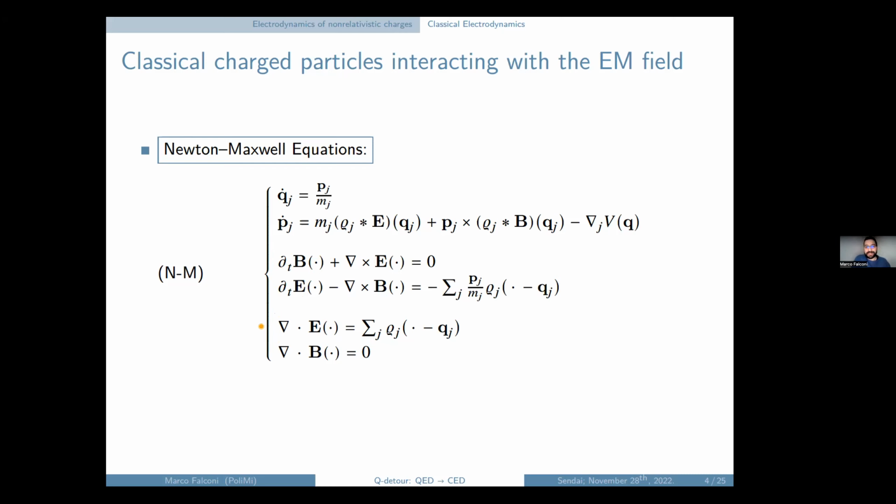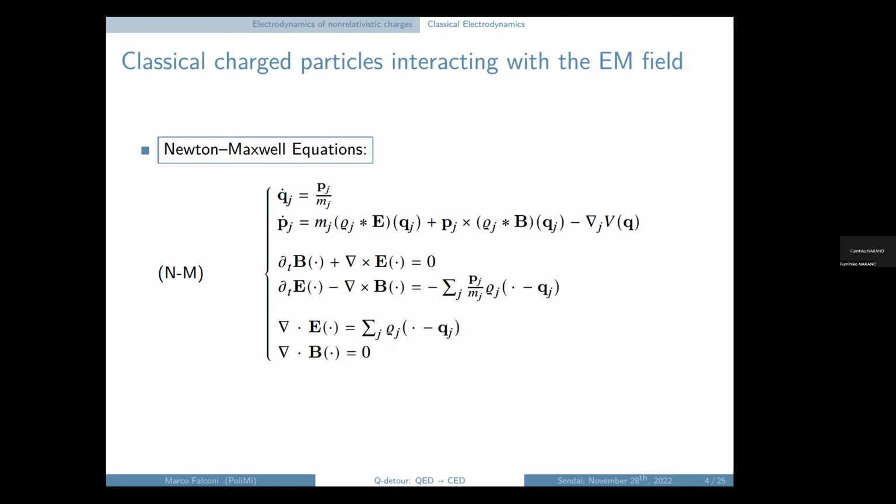If they are satisfied at the initial time, and they shall be, they are satisfied for every other time. So the dynamics of this Newton-Maxwell coupling preserves this constraint. These equations need not be imposed at every time; it is sufficient that they hold at the initial time.